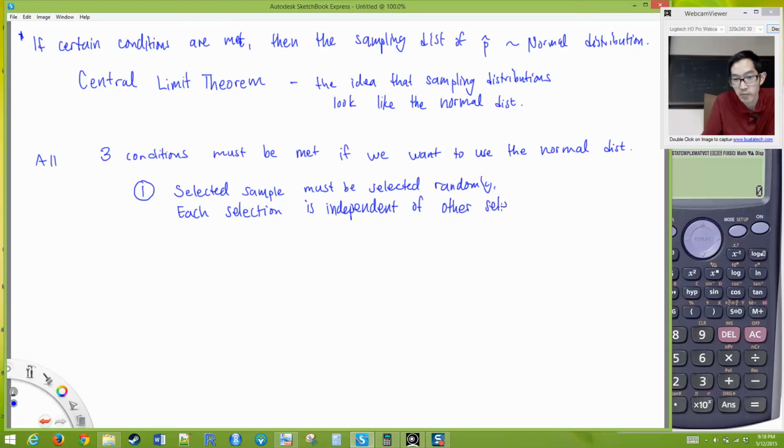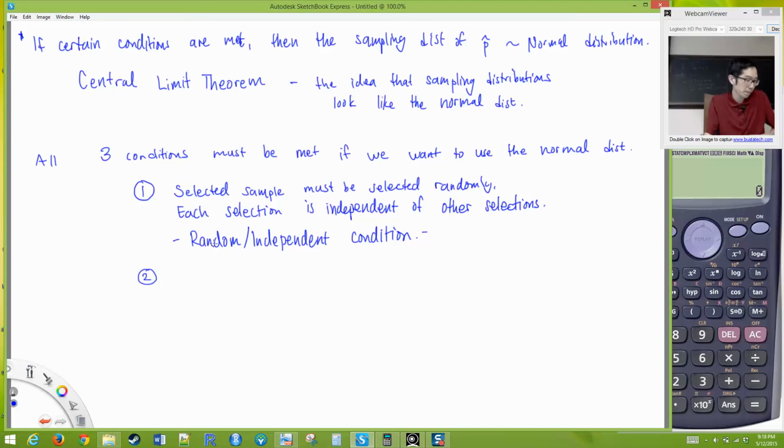Okay, so we call this the random/independent condition. So somewhere in the problem statement, it should say your sample was selected randomly. And if it says that, you can assume that this condition is met. Does that make sense? Okay.